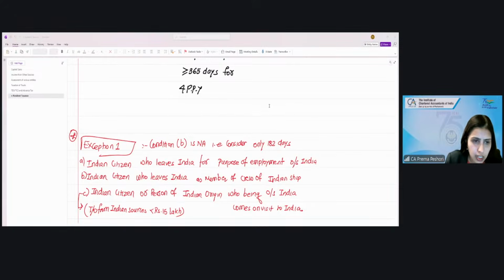Or an Indian citizen or a person of Indian origin who, being outside India, comes on a visit to India during the relevant previous year, if he has income from Indian sources not exceeding rupees 15 lakh. Now, what is the difference between the Indian citizen or a PIO? Who is a PIO?